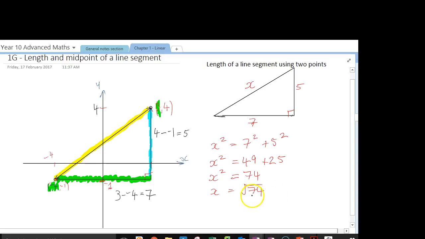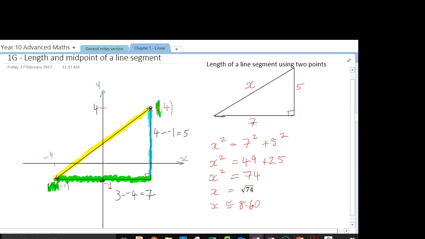Unless you're asked to make this into 2 decimal places, you just leave it as a surd. I'm not sure how familiar you are with surds, but leave it as a square root number. Square root of 74 is approximately 8.6.